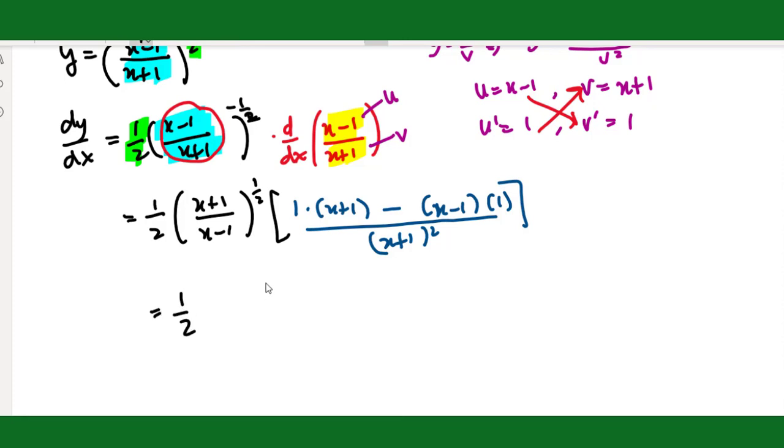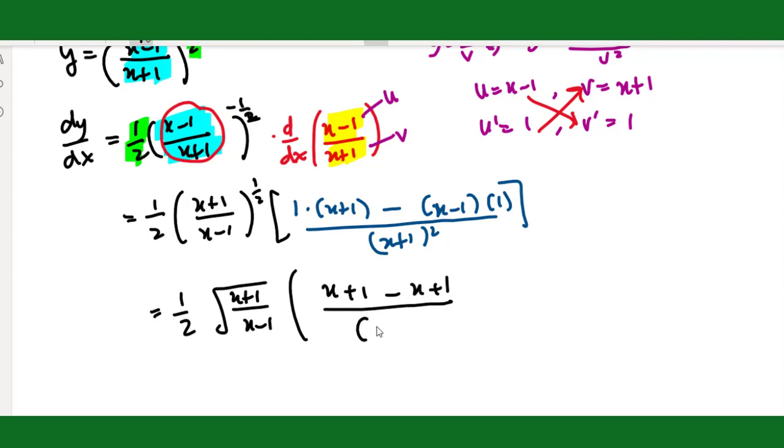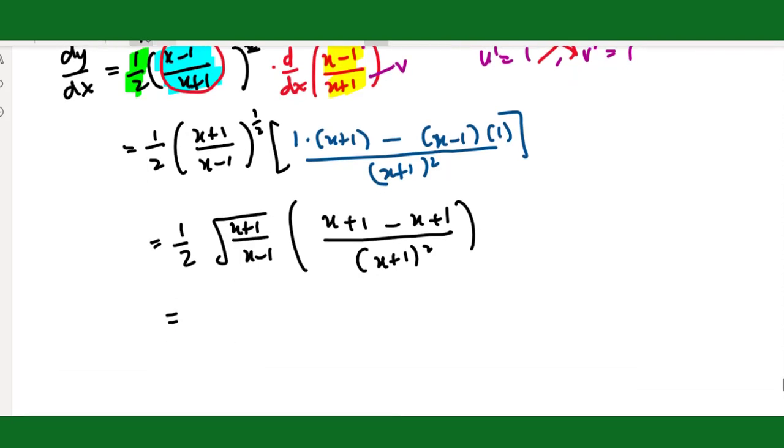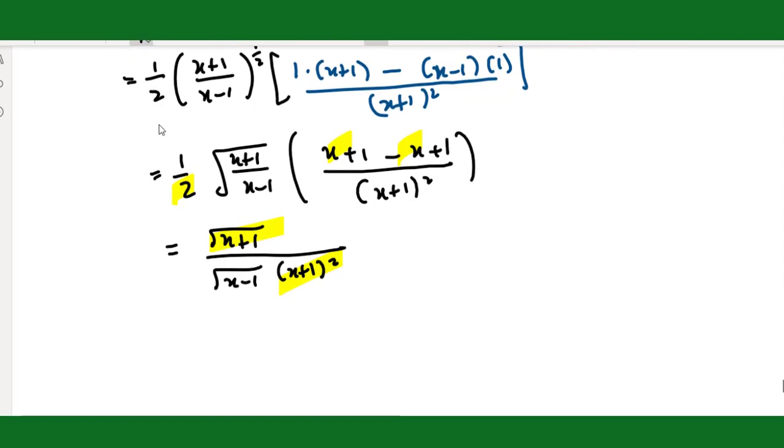Now simplify. 1 over 2, I can write here, same like this, x plus 1 over x minus 1. And then here is x plus 1 minus x plus 1 over x plus 1 squared. Simplify: the x terms are gone, 1 plus 1 is 2, and then cancel. We get x plus 1 over x minus 1 times x plus 1 squared.